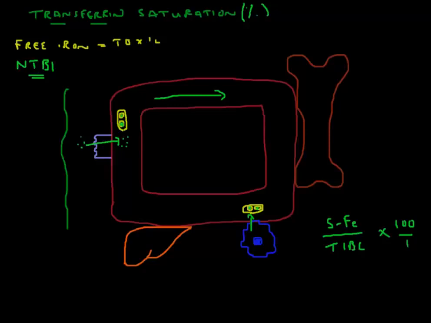So in terms of total iron binding capacity, I'd like you to think for a minute about a city with many buses. So let's draw some buses here. Okay, so let's say this is a bus, and in the bus there are 1, 2, 3, 4, 5, 6, 7, 8, 9, 10 seats, and there may be another bus there.